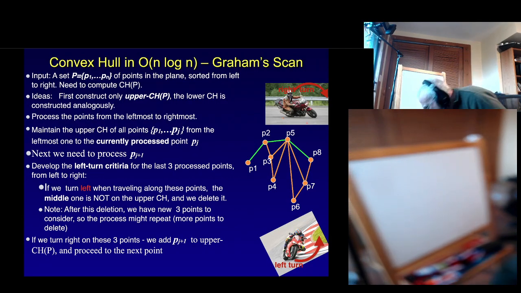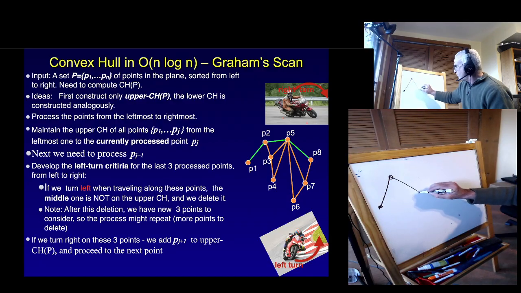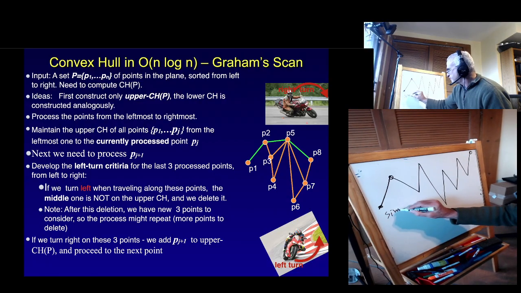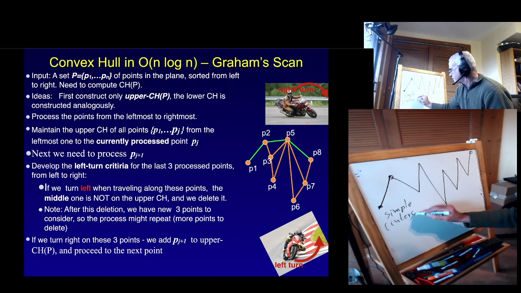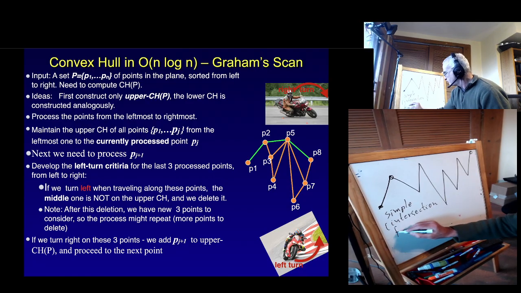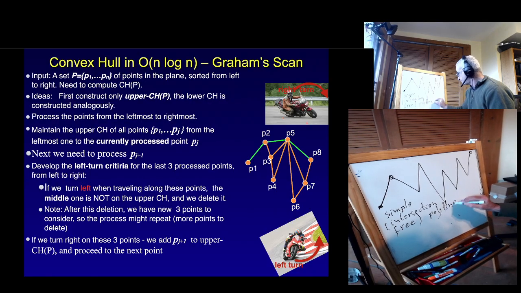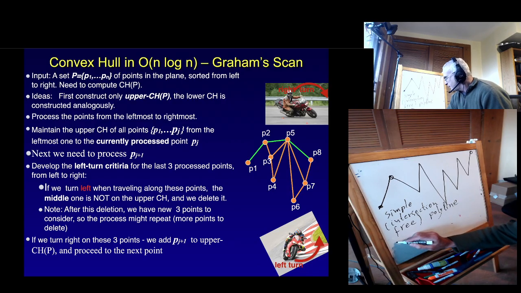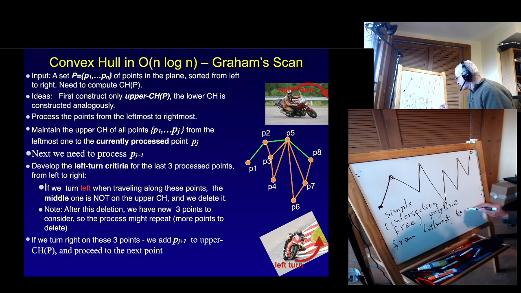Assume here is some simple, meaning intersection-free, polyline, polygonal line, and it starts from leftmost to rightmost.